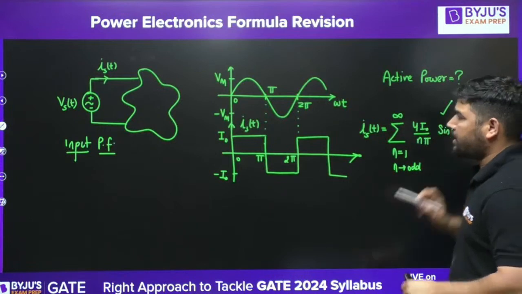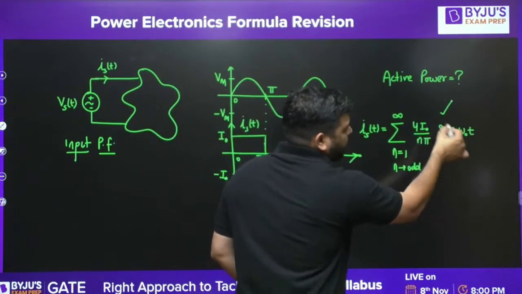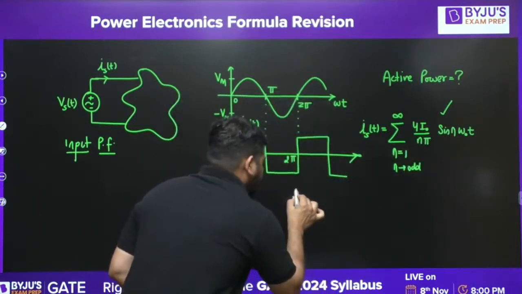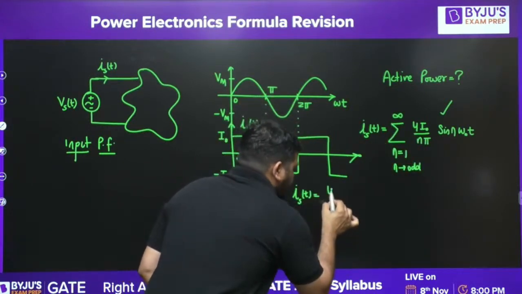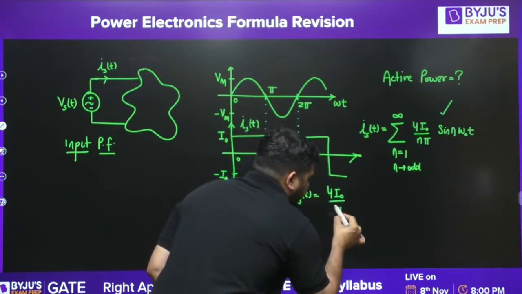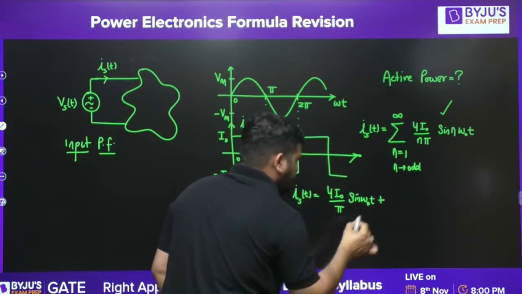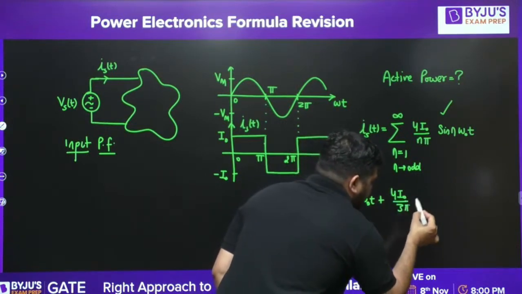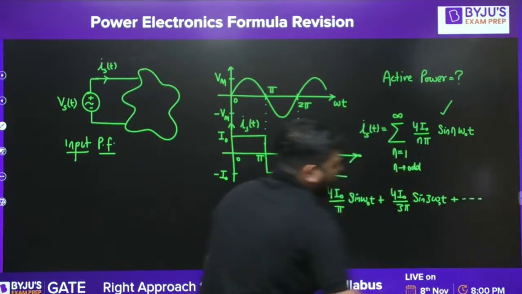Now, if I open this iS(t), putting n equal to 1, 3, 5 and 7, because n is odd, iS(t) will be 4I0 upon pi sine of omega naught t, plus 4I0 upon 3 pi sine of 3 omega naught t, and there will be higher harmonics.